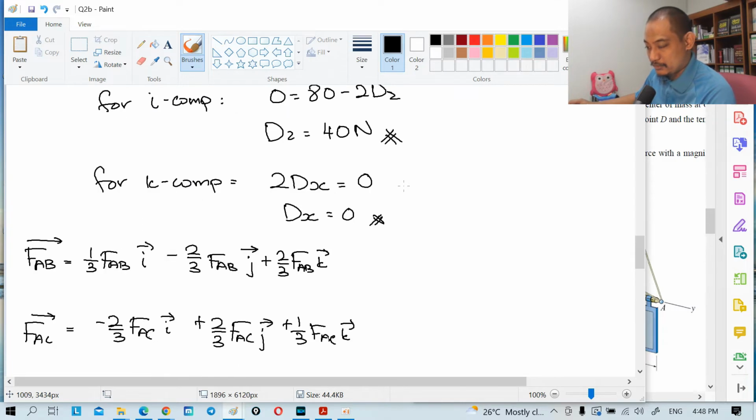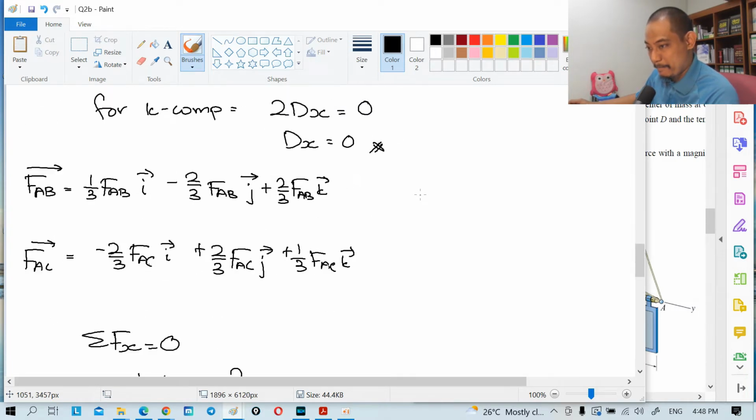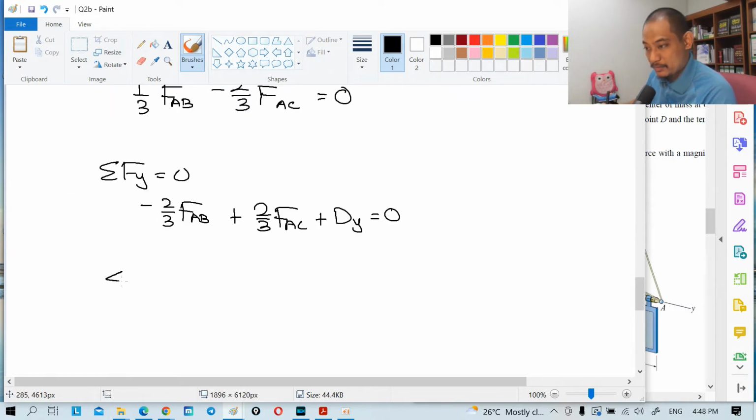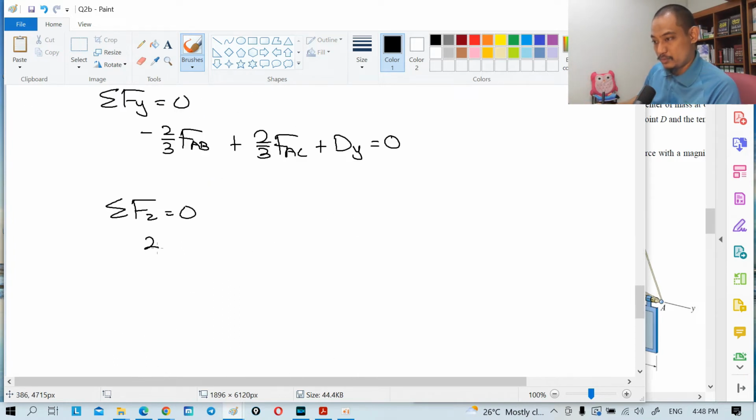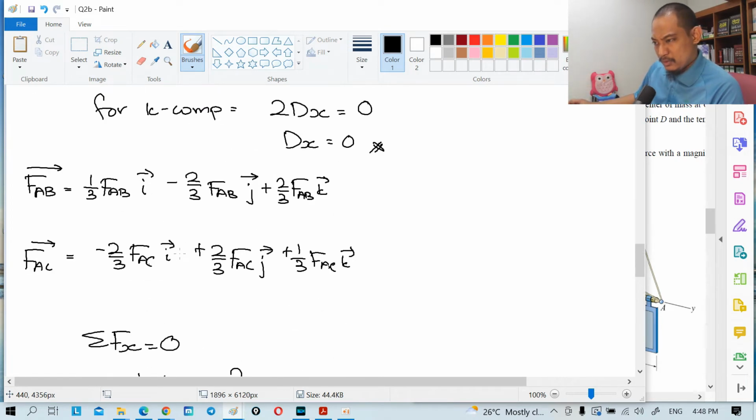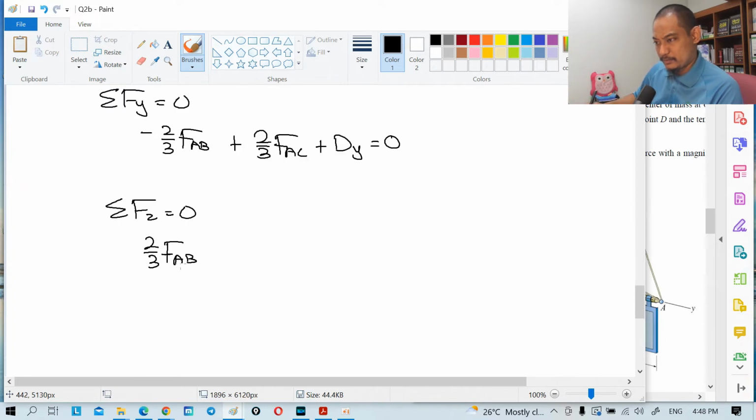For z we have the value, right? So for z, summation of Fz equal to 0, we have 2 over 3 FAB, 2 over 3 FAB, 1 over 3 FAC.